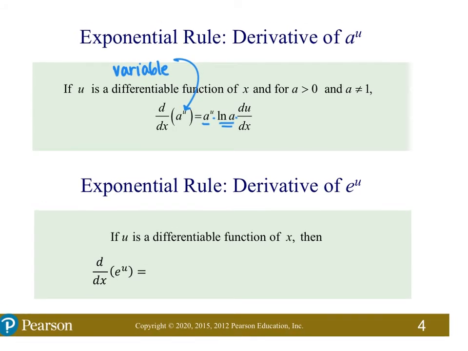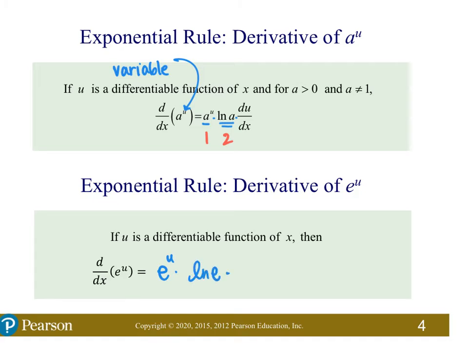So there are 3 parts to this. Part number 1 is the function itself. So we literally copy the function itself. Part number 2 is the natural log of the constant that you're working with. And so we would have the natural log of e.